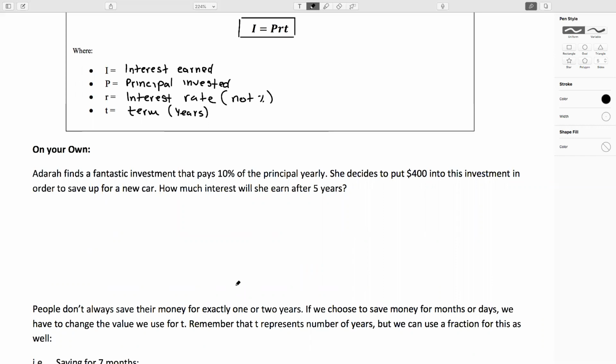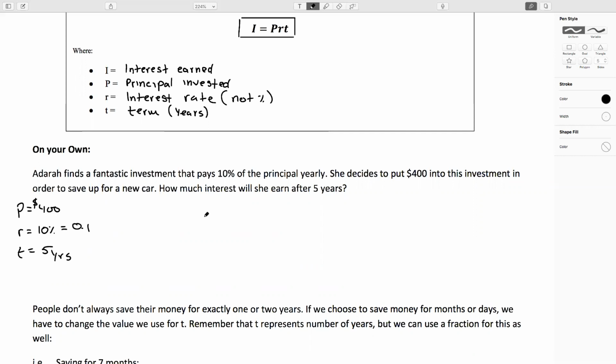So let's break down this problem. $400 is her principal, so P equals $400. The investment earns 10% interest, so R equals 10%, which is 10 over 100, or 0.1. And she's investing for 5 years, so T equals 5 years.